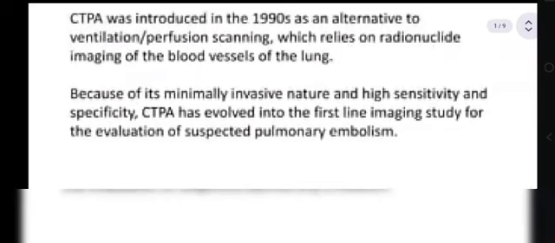Because of its minimally invasive nature and high sensitivity and specificity, CT pulmonary angiography has evolved into the first line imaging study for the evaluation of suspected pulmonary embolism.